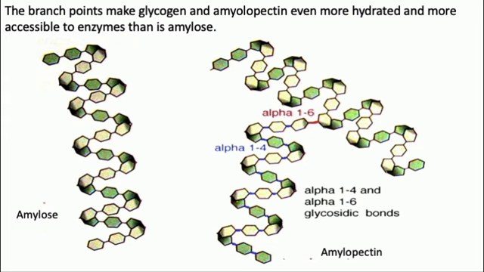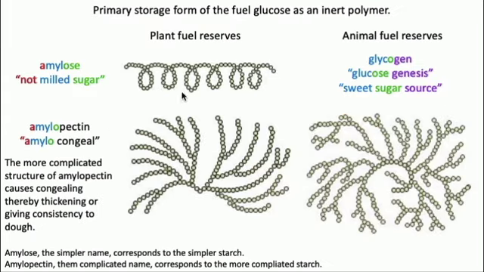In fact, typically there are multiple branch points in amylopectin, such that there can be 10,000 glucose residues in one amylopectin starch molecule. Accordingly, amylose and amylopectin are the primary storage forms for glucose in plants.